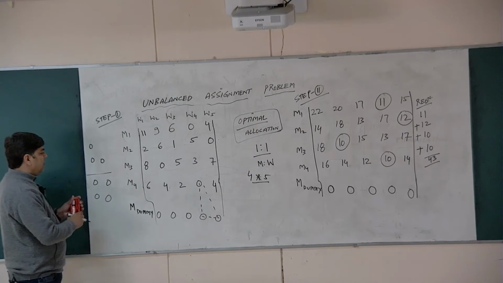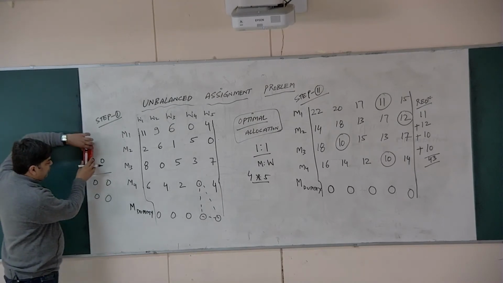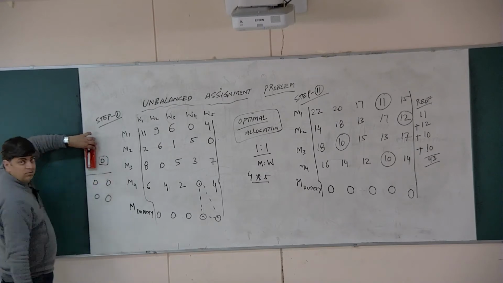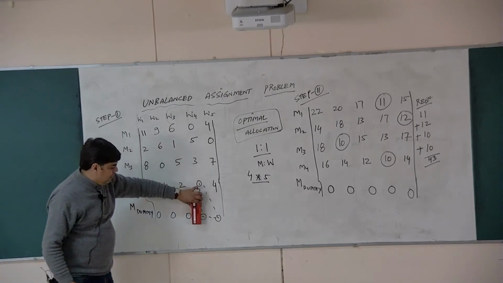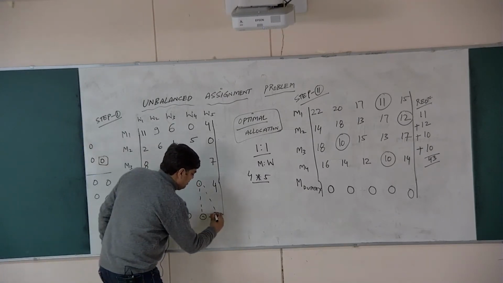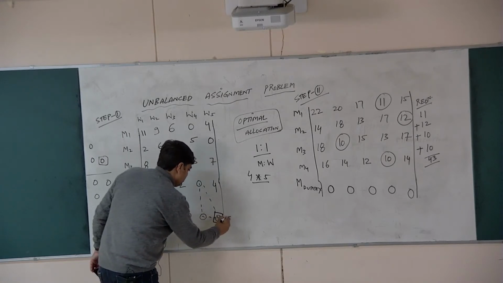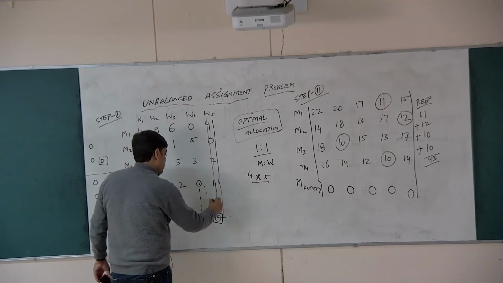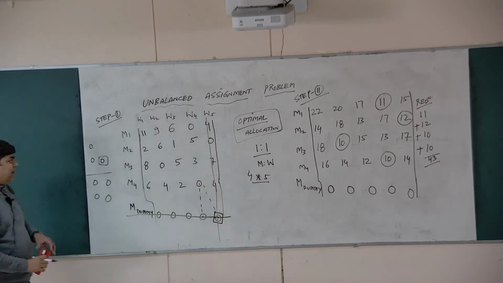Now how to select? You have to proceed like this. You block these 2 zeros, select this 0. The same way, we block this 0 and select this 0. Cancel its row as well as its column. So one assignment is there.